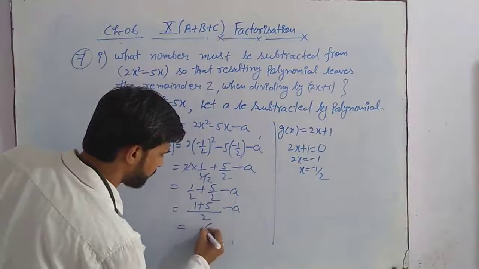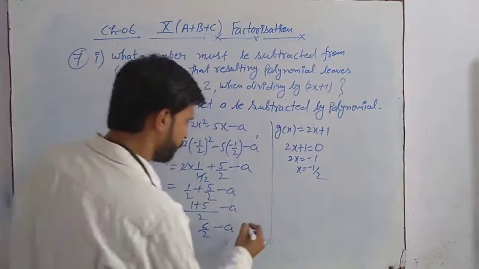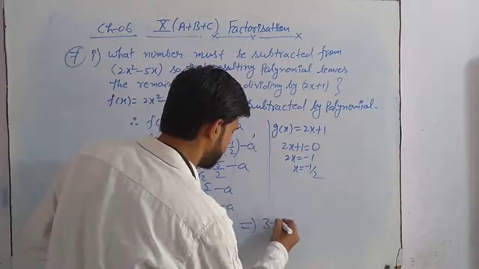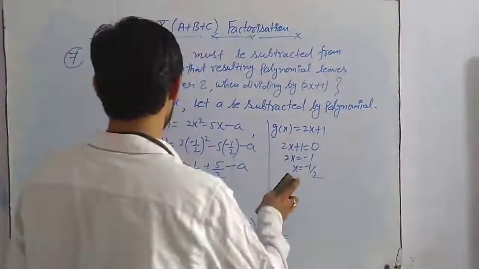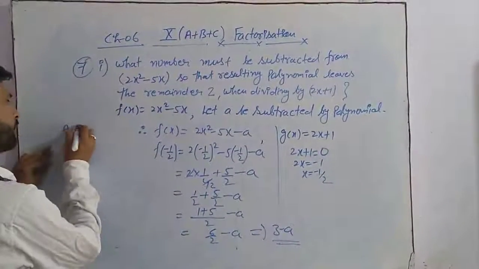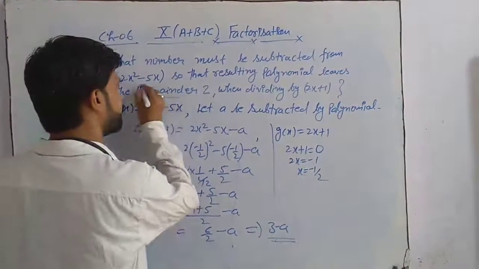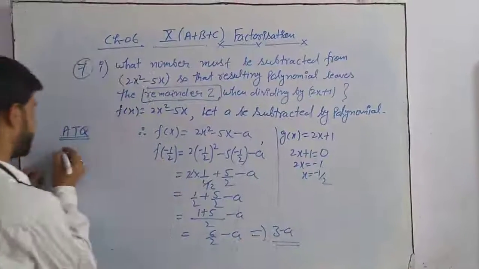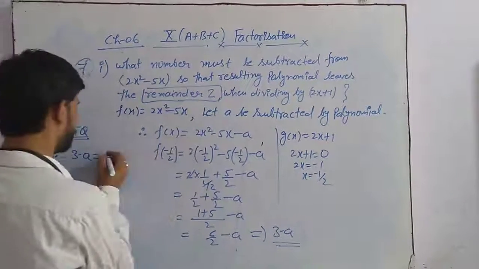It means 6 by 2 minus a gives 3 minus a. Now according to the question, the remainder is 2. Therefore we have to equate 3 minus a is equal to 2.